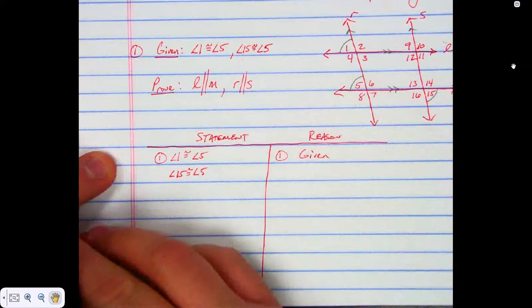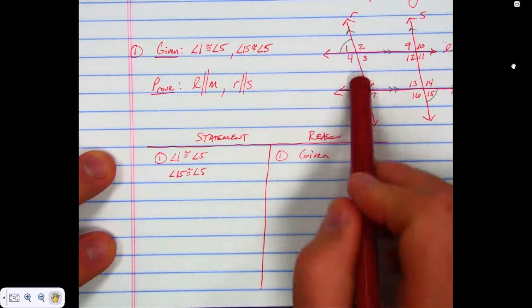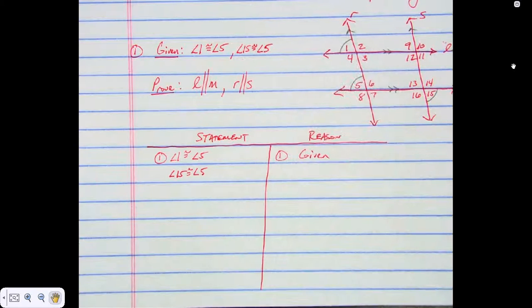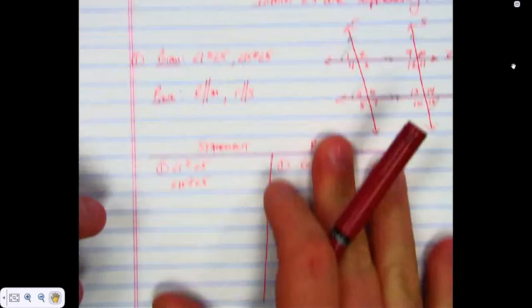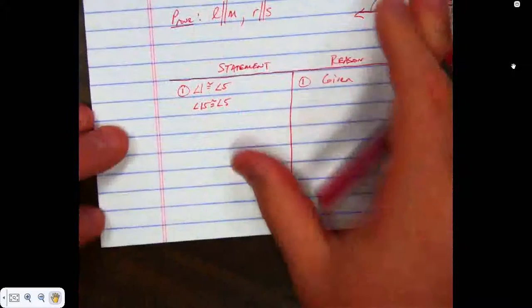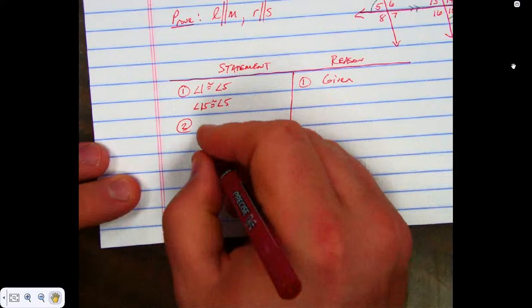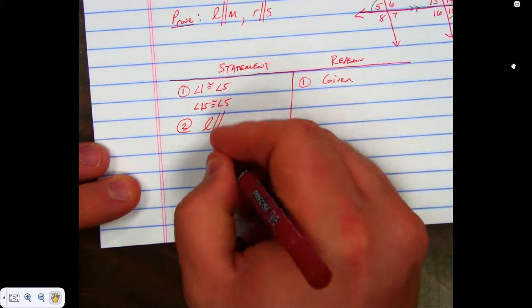Corresponding. Have I proven that I have a pair of corresponding angles that are congruent? Yes. I already have that stated. So my second step here, I could state that L is parallel to M.